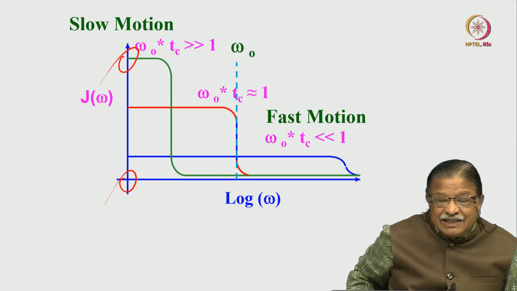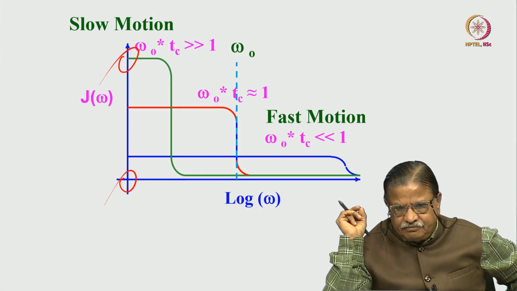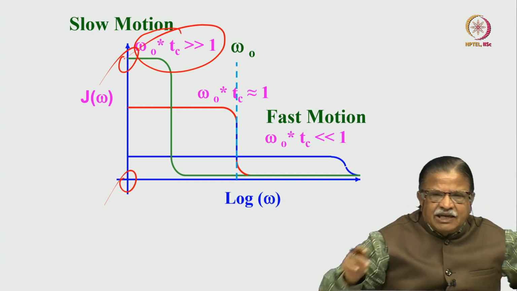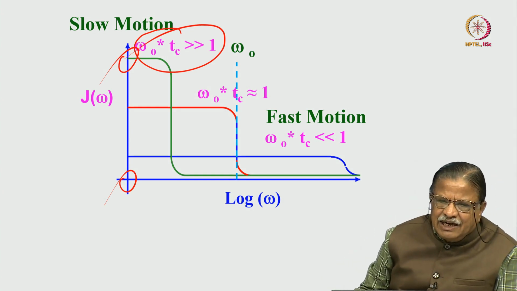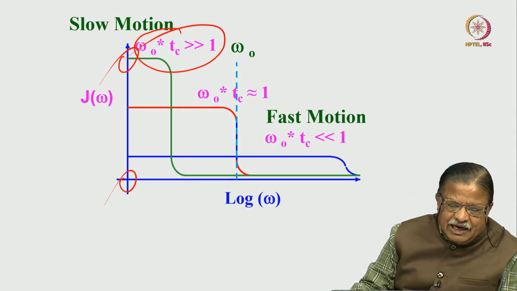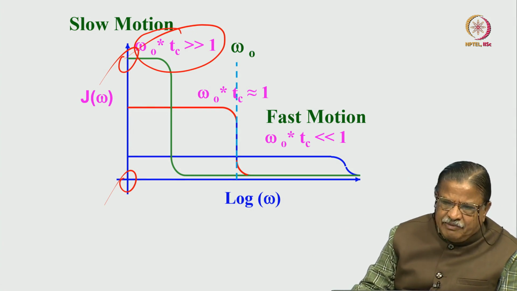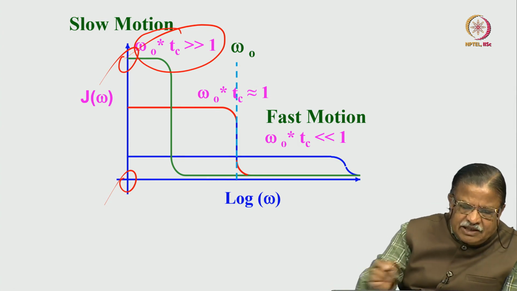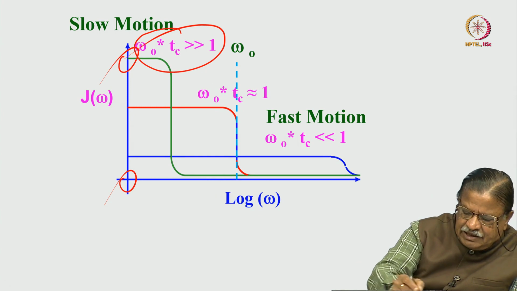I have written here 3 different types of graphs. This is the situation when omega naught tau c is very much greater than 1. Omega naught is the Larmor frequency, and tau c is the correlation time. When this parameter is very much larger than 1, you get a spectral density function like this.